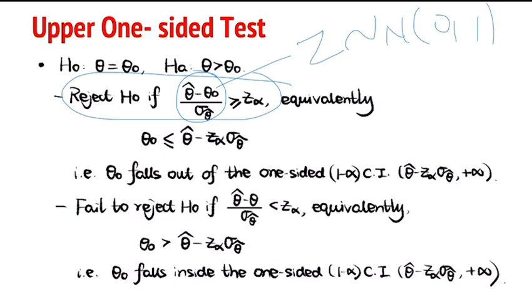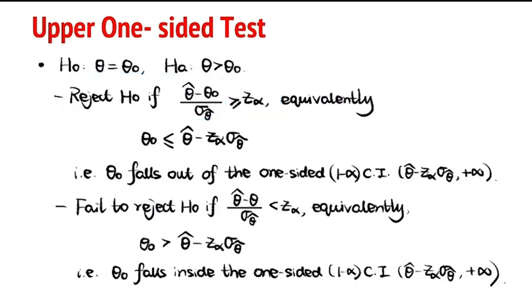And of course, I want to solve for theta naught, because the idea of solving for theta naught is to be able to use a one-sided confidence interval in making the decision here. When I solve for that, this is what I got.